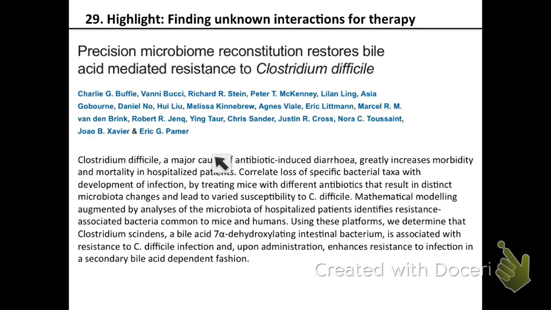This is one of the problems a lot of hospitals are facing. One of these bacteria with high antibiotic resistance is called Clostridium difficile, right? It increases the morbidity and mortality of hospitalized patients.